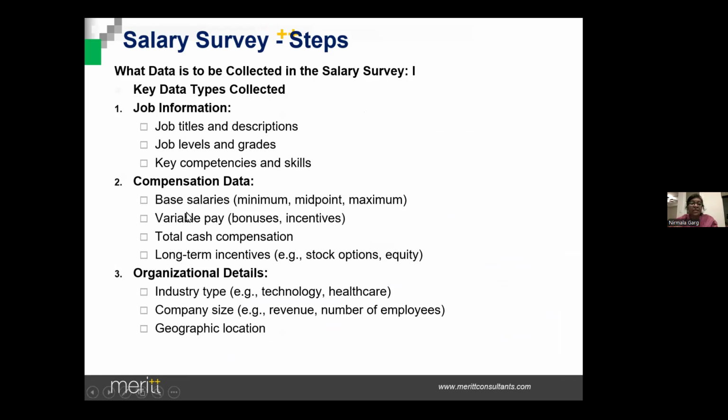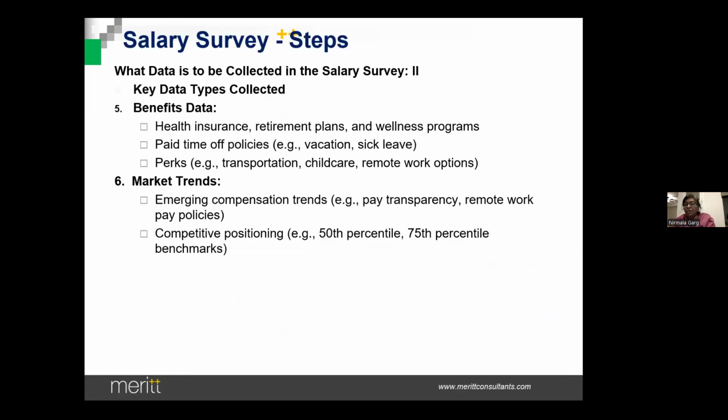You will collect base salary, variable, total cash, long term. Once you do that, you can collect, collate, analyze, and then convert it into percentile format. Then you know exactly where you are positioned vis-a-vis the market data.